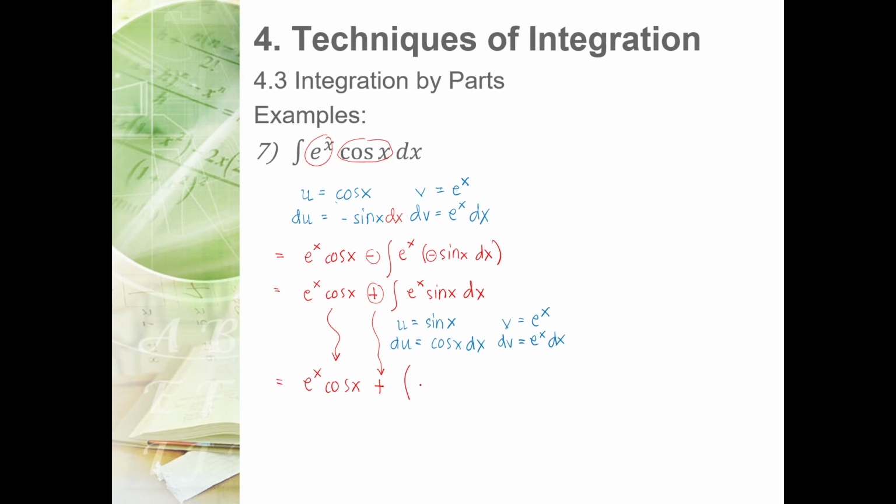So uv would be e to the power of x sine x, then minus the integral of v du, e raised to the power of x cosine x dx. Taking the parenthesis off, this is still plus, this one is still minus. So e raised to the power of x cosine x, plus e raised to the power of x sine x, minus the integral of e raised to the power of x cosine x dx.